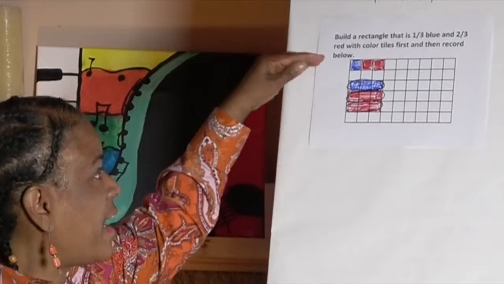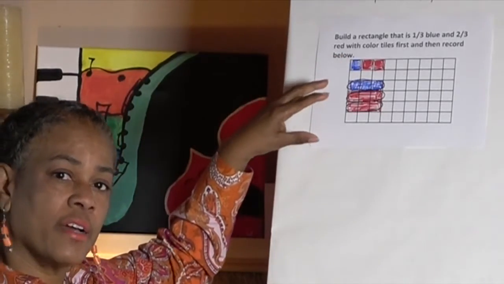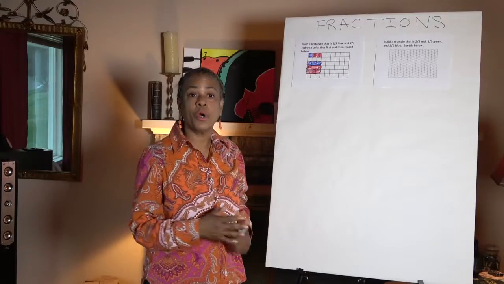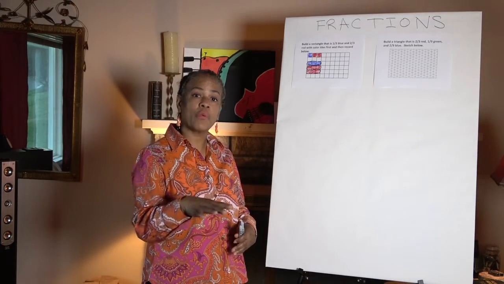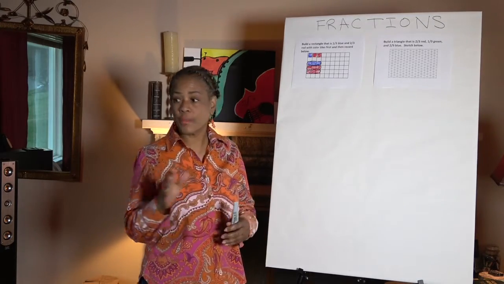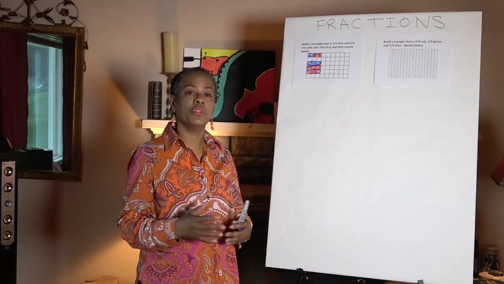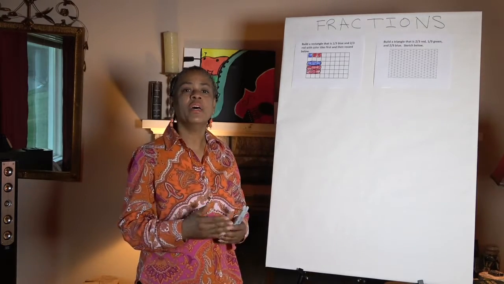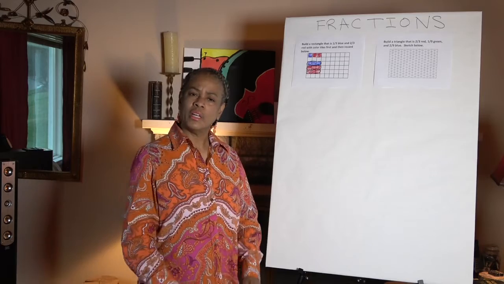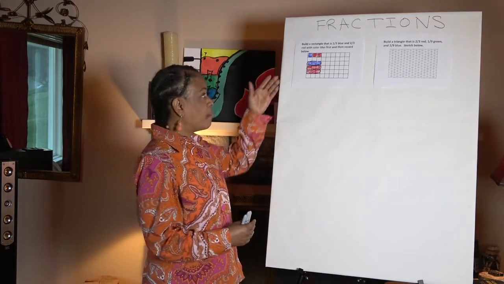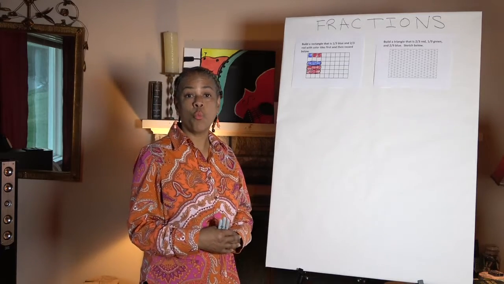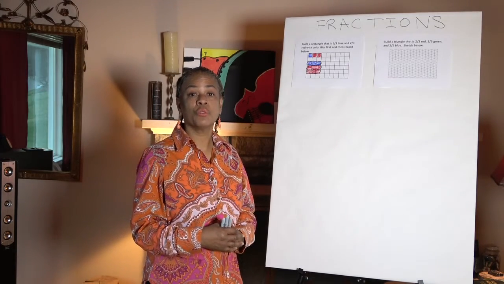So although I have a different number of tiles for each of these, that's what I'm hoping to see as I walk around the classroom. So as you walk around the classroom and a student looks at another student and says, oh, hey, you got something different, you could ask, well, I wonder if you can have more than one model that shows 1/3 blue and 2/3 red.